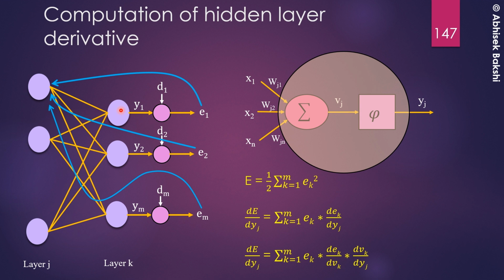So the question is, how to compute the derivative of error with respect to the output of a hidden layer neuron?